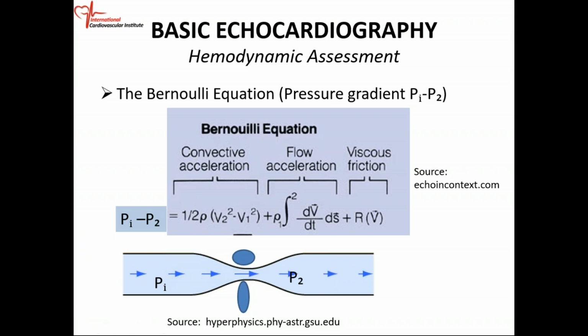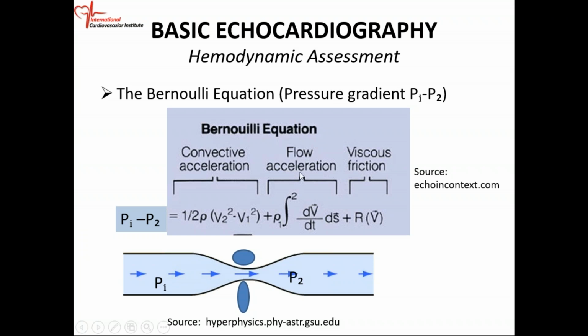So the pressure gradient, the difference in pressure, is equal to the convective acceleration plus the flow acceleration plus the viscous friction. So this is your convective acceleration. Okay, half of rho is the mass density, v2 the velocity at point 2, v1 the velocity at point 1, and you're going to integrate velocity over time multiplied by distance.